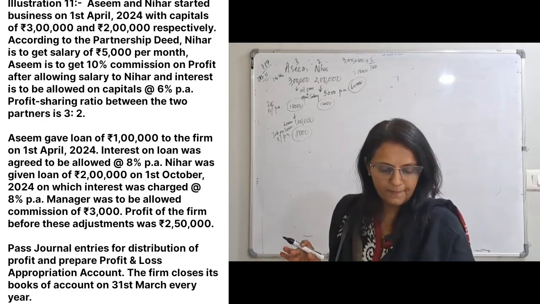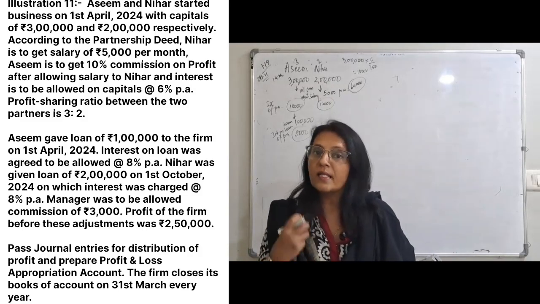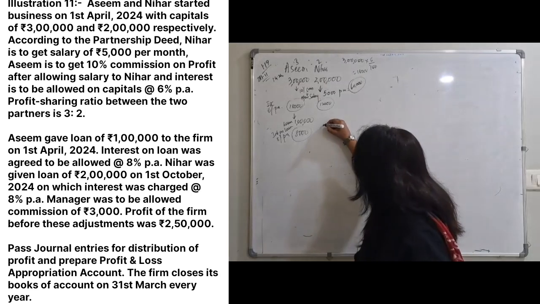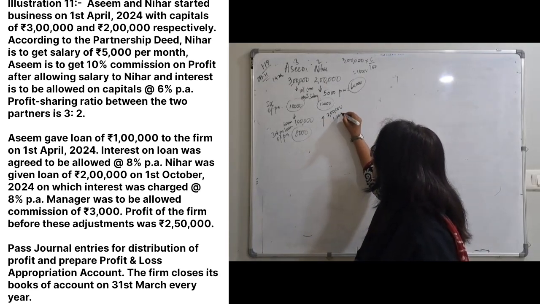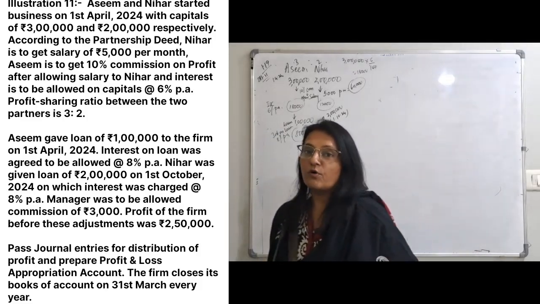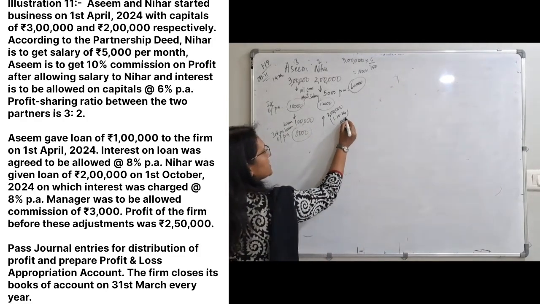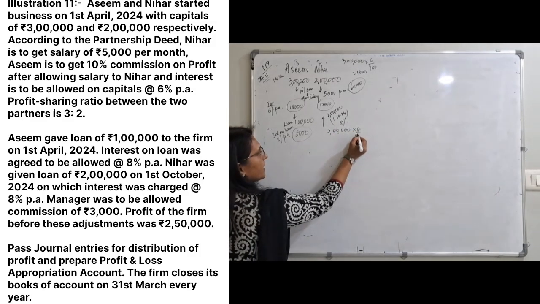Interest on loan. Same way, Nihar was given a loan of 2 lakh rupees. We gave Nihar a loan of 2 lakh rupees. But this is given on 1st of October. And interest is also 8% over here, which means 2 lakh into 8 upon 100.